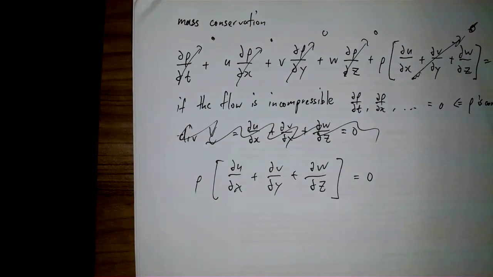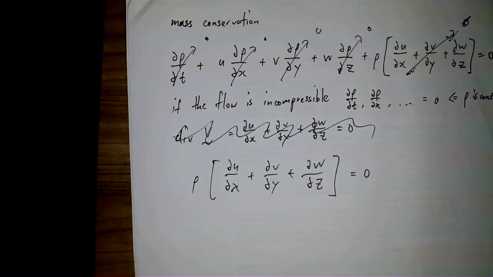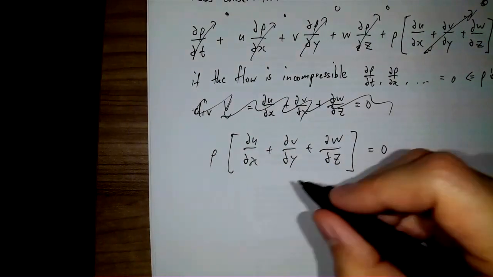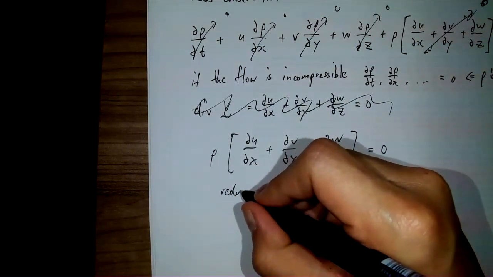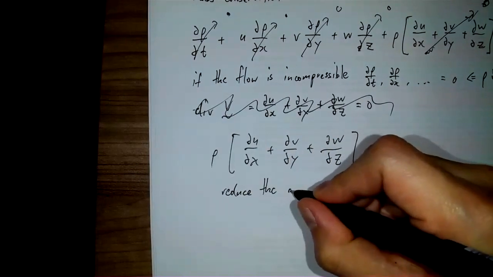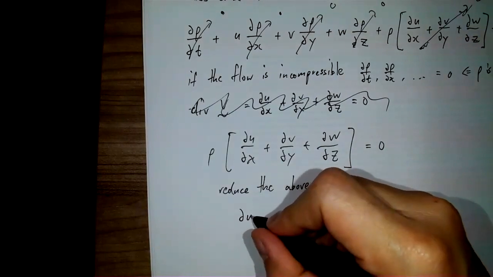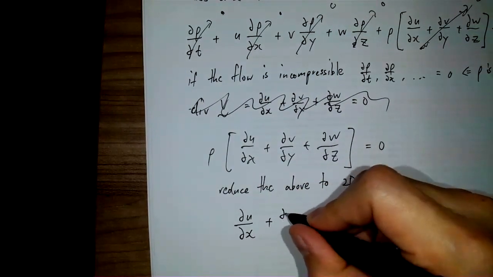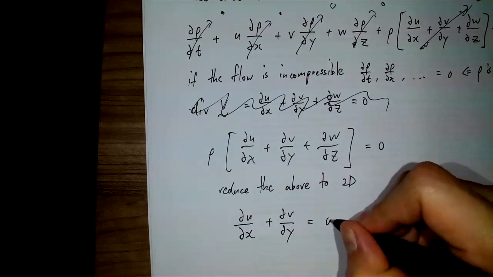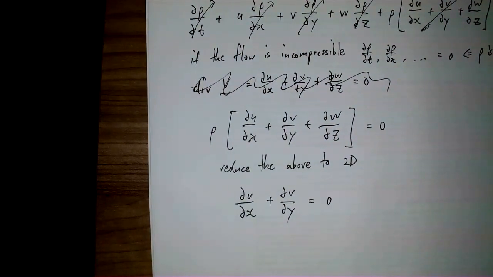If you look at the parallel plate problem itself, the velocity is only with respect to the x direction. If we reduce this to 2D, we get this as our incompressible form of the continuity equation, right?